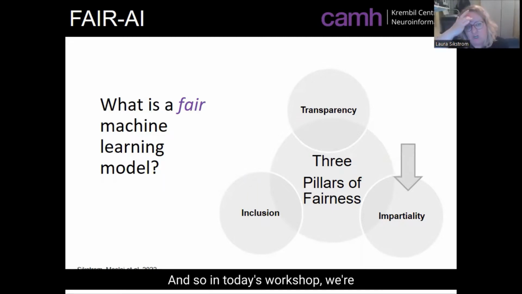In today's workshop, we're only going to focus on impartiality. This is essentially looking at how a model or machine learning or AI might unfairly discriminate against specific groups of people. The other dimensions of fairness are also important, but something we're not going to consider for today's tutorial.